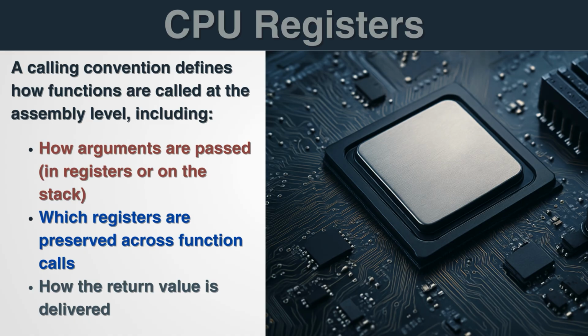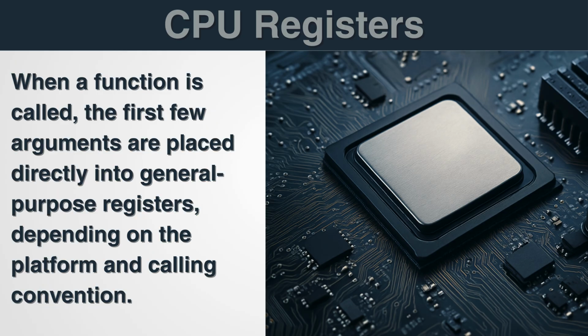A calling convention defines how functions are called at the assembly level, including how arguments are passed in registers or on the stack, which registers are preserved across function calls, and how the return value is delivered. So when a function is called in code, the first few arguments are placed directly into general purpose registers, depending on the platform and calling convention.